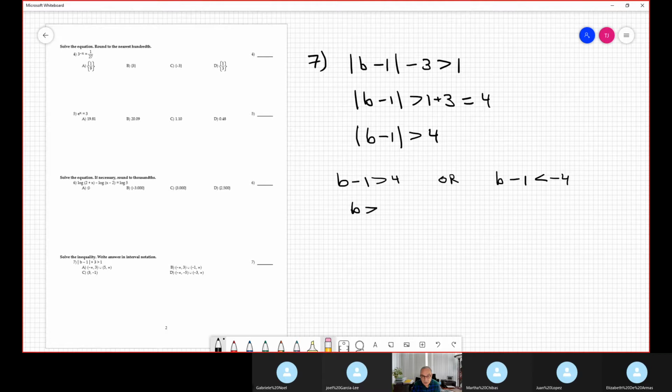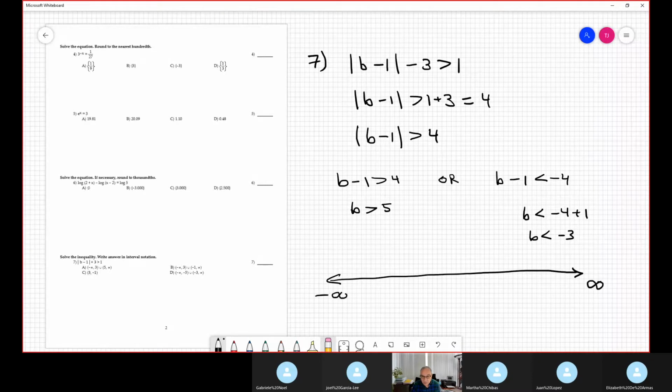Greater than, this is 5 because 4 plus 1 is 5. And b less than negative 4 plus 1, okay, negative 3. So what is the interval solution? Look, this is my all real number line, infinity positive, infinity negative, 0 in the middle, 5, 1, 2, 3, 4, 5, 1, 2, and negative 3.